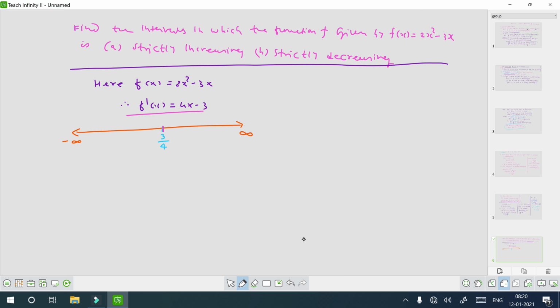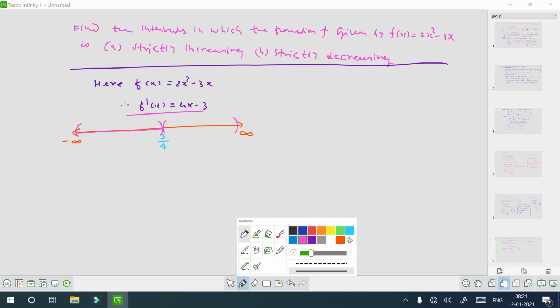Now here two intervals form, minus infinity to open interval 3 by 4, and 3 by 4 to infinity, that is the second part. Clear? Now let us see first one.